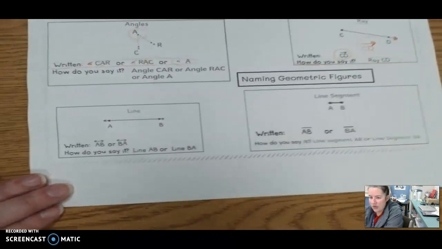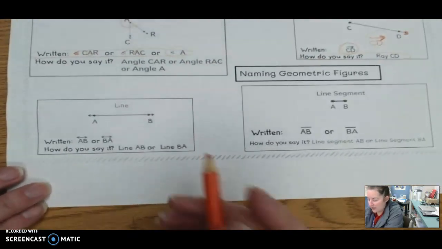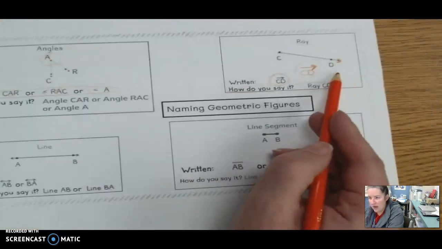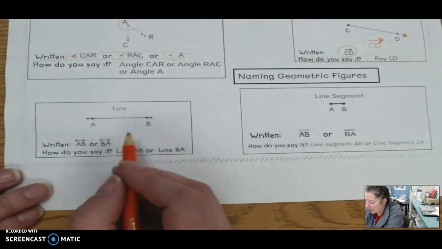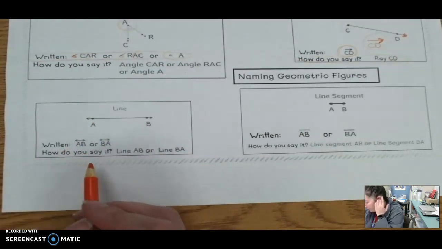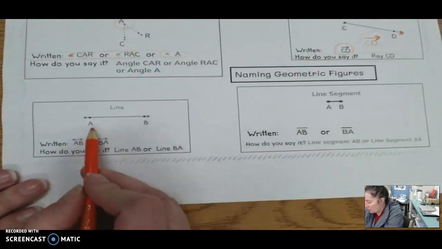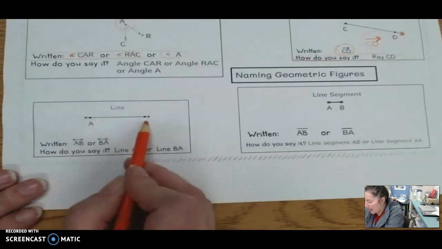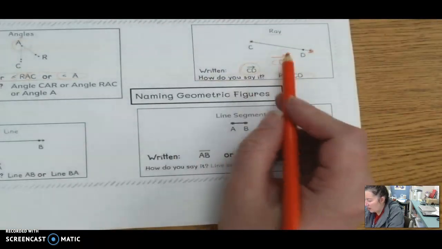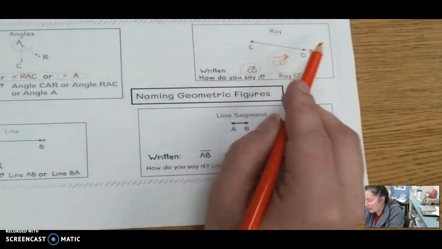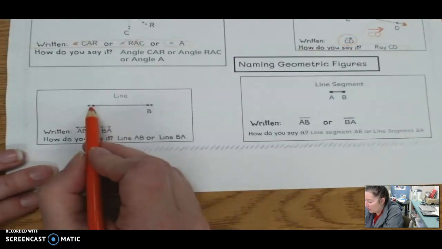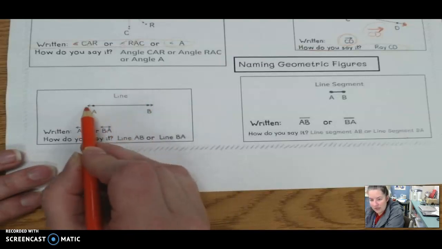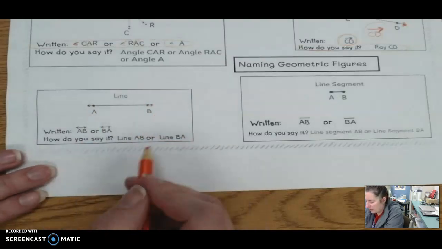A line, we know, goes on in both directions. So notice it has arrows on both sides. It's different than the ray, which only has an arrow on one side. So a line can be written like this, line AB, or it could go the other way, line BA. Notice the ray can only go the direction it's going, CD. So a line can go line AB or line BA, either way, because it goes in this direction and it goes in this direction.